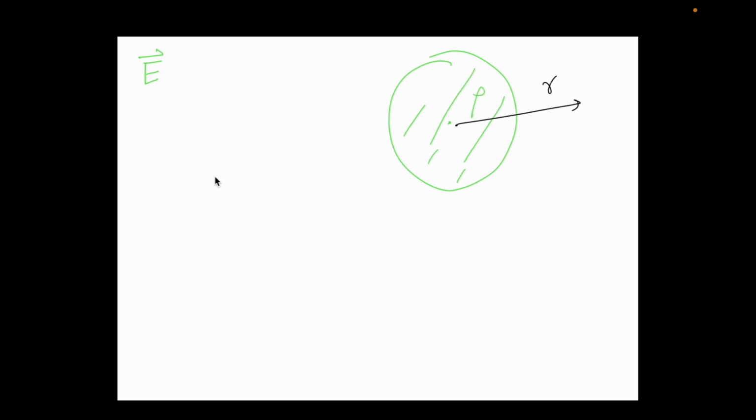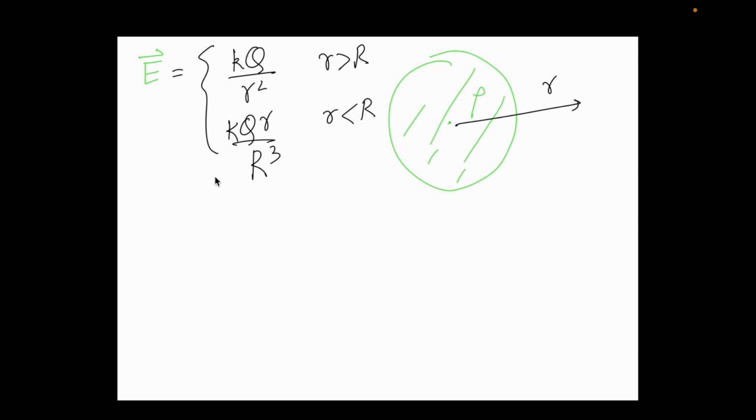There are two cases: when r is greater than R, you would remember it is k, which is 1 by 4 pi epsilon naught, q by r square, and inside, it is kq r by R cube. That's how you remember this.